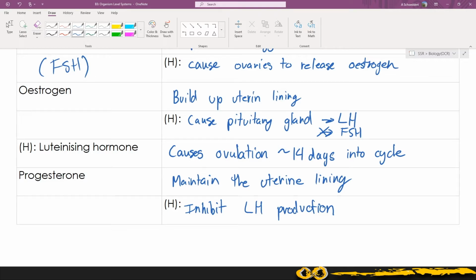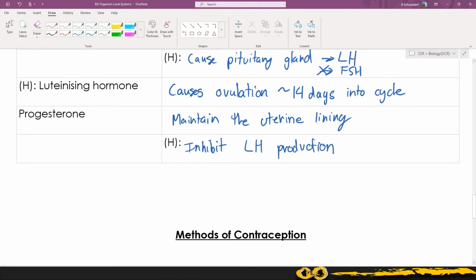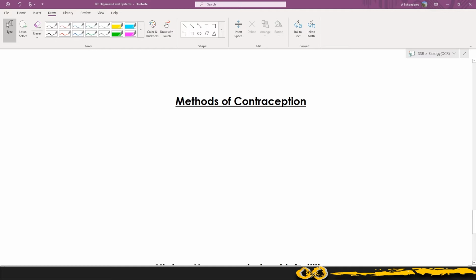We can use some of these hormones in the methods of contraception, and the best way to study these is really just to go and read about them and to make sure you know the facts on them. Some potential areas of questions on your exam is going to be the actual versus theoretical effectiveness.